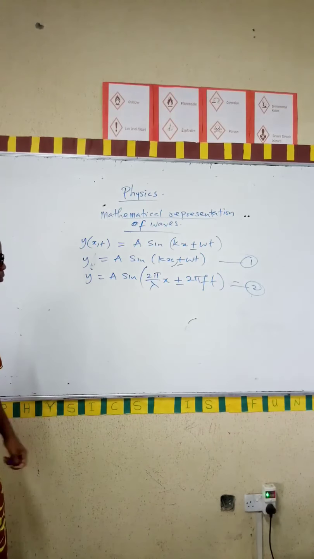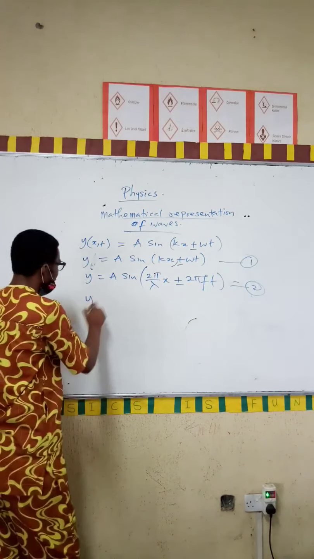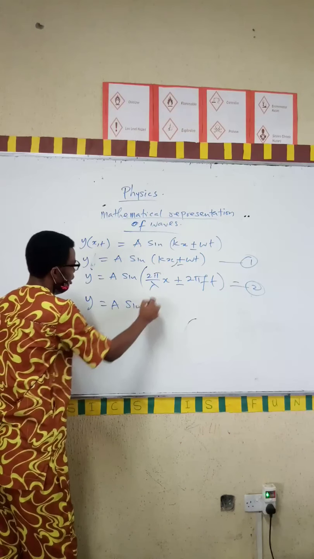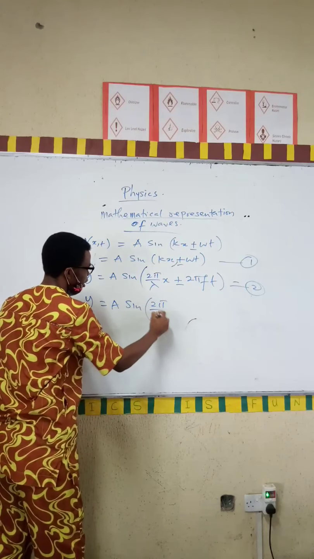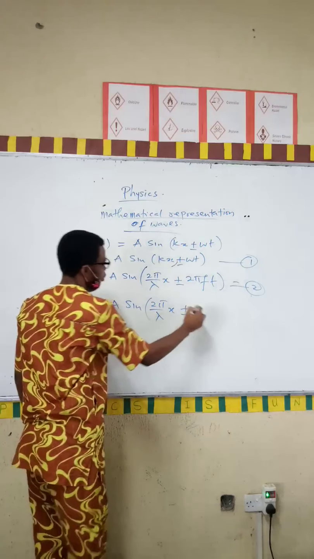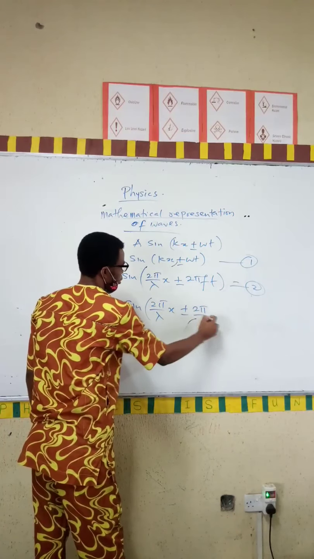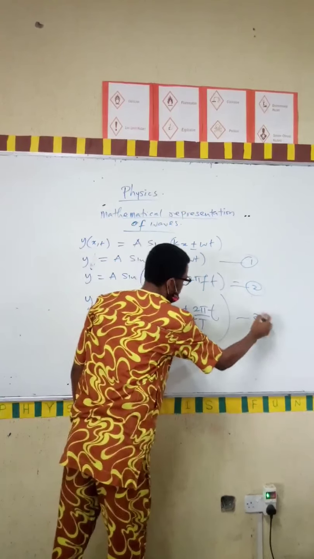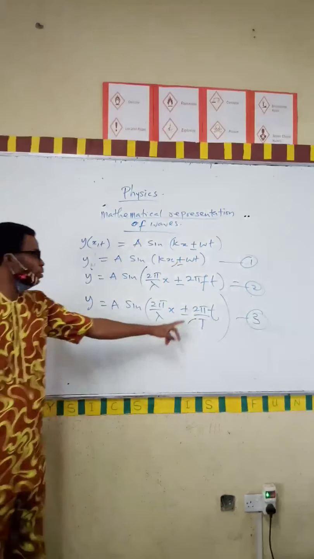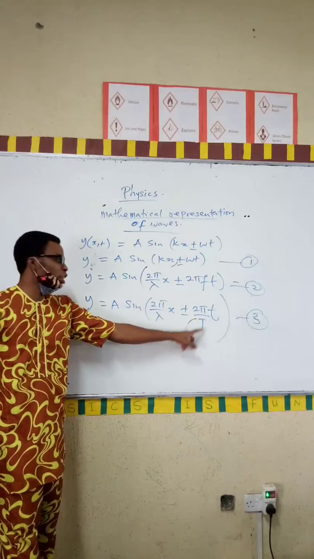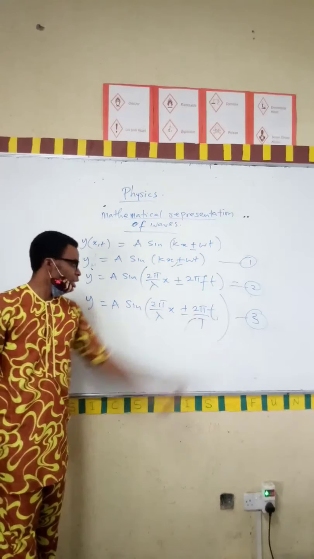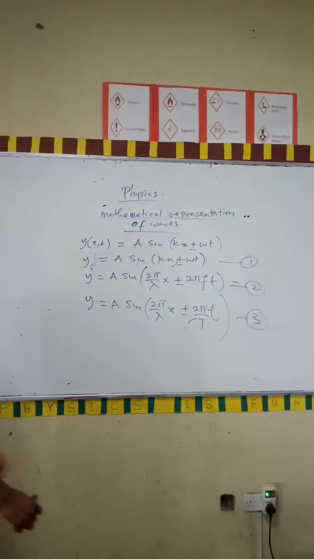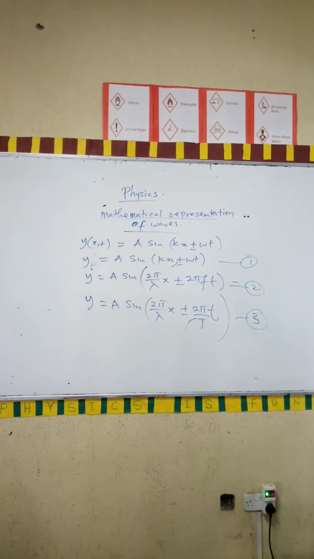Also, y = A sin(2 pi over lambda x ± 2 pi over T t), equation 3. We know the meaning of capital letter T, which is period, and small letter t is our time. Okay, with this, we can solve any problem that we have.